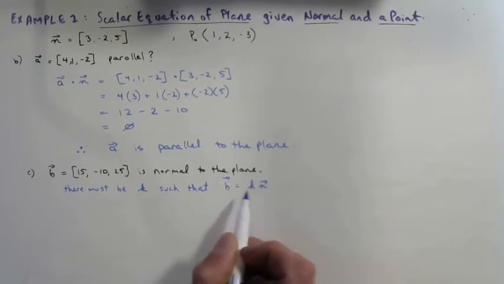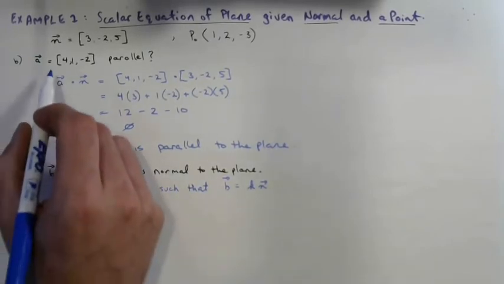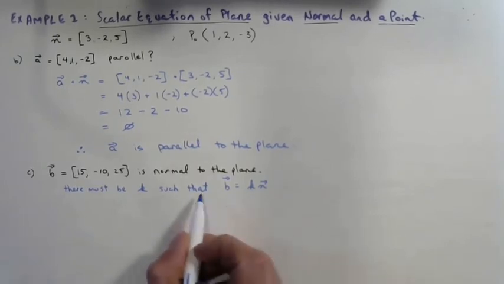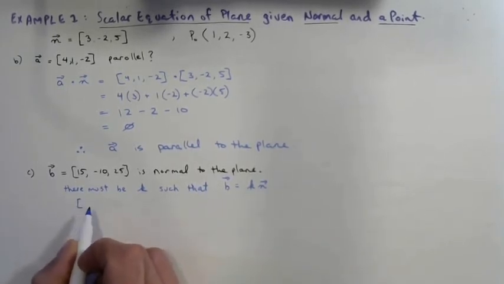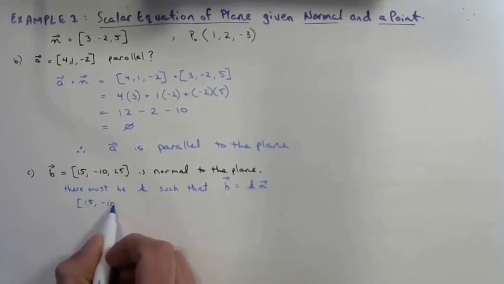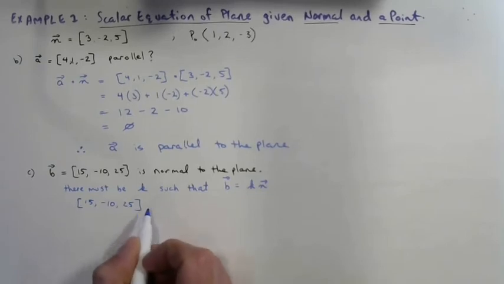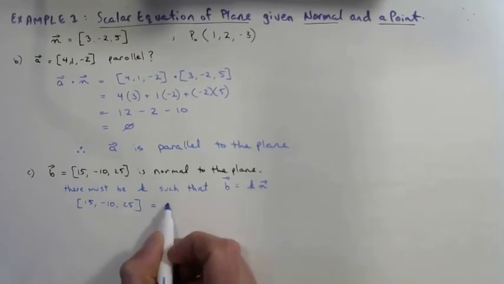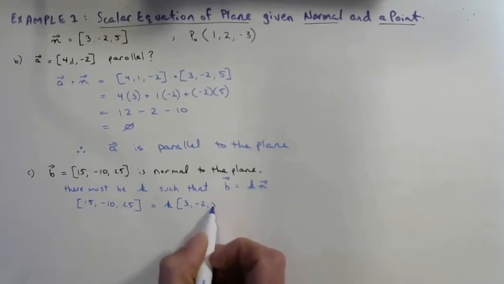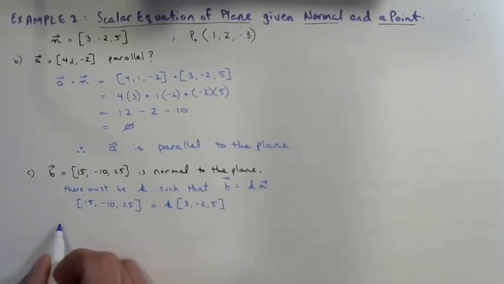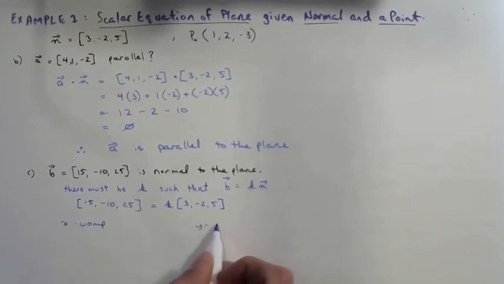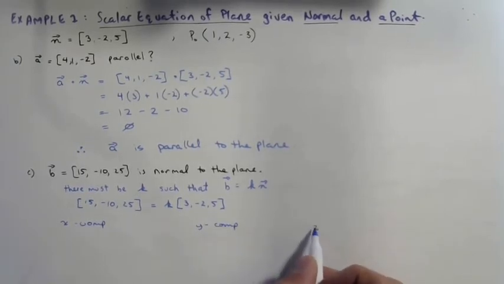That's going to make b parallel to n, even though the vector itself might look very different, okay? So let's rewrite this using our vector notation here. We've got 15, negative 10, 25 needs to be equal to k times 3, negative 2, 5. So let's test it out for our x component, our y component, and our z component.